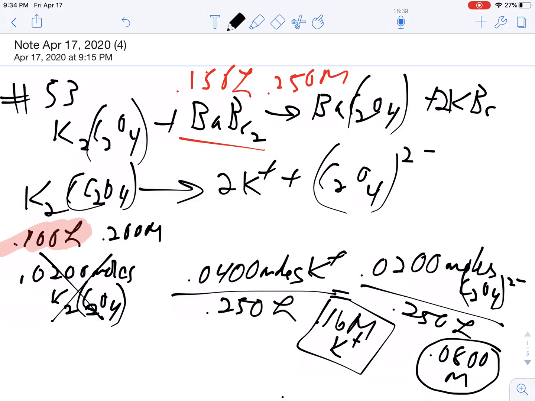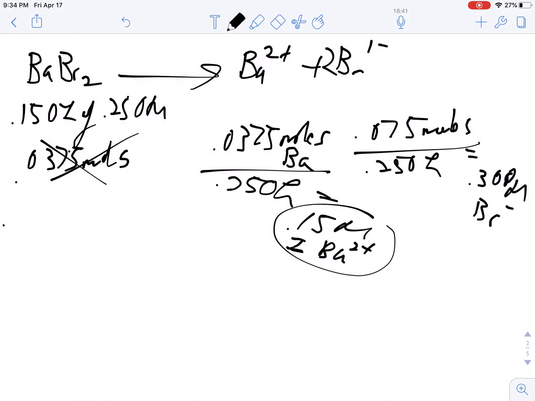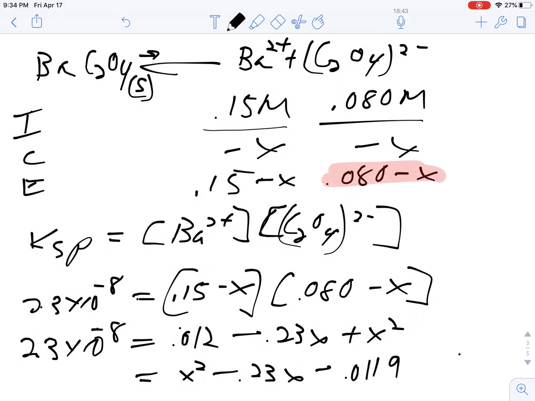So they gave you the initial concentrations. You're going to shift right, and then you plug it into an ice table. You could have done this faster if they had given you the equal concentrations of both. Then you could just go straight to the KSP equation and you wouldn't have to do an ice table.